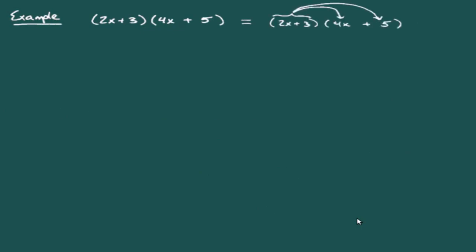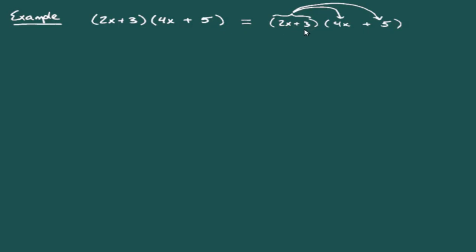Now let's look at an example where we're multiplying two terms times two terms. So suppose we're multiplying our quantity 2x plus 3 times the quantity 4x plus 5. Well, now what's being distributed, we can think of that entire 2x plus 3 as being one object.